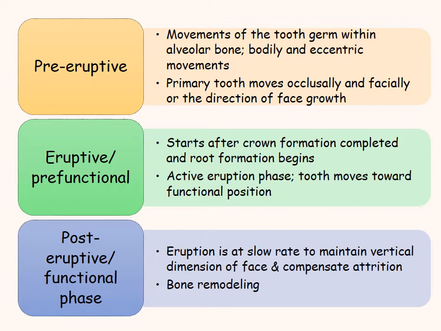So in the functional position, there is a rapid phase of tooth eruption, but once the occlusion is obtained, the force of eruption halts, and then some compensation occurs because of attrition and bone remodeling.